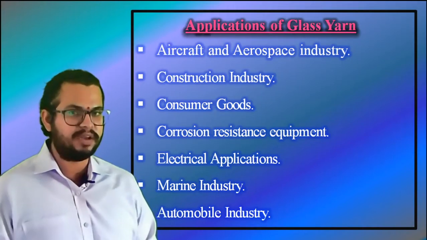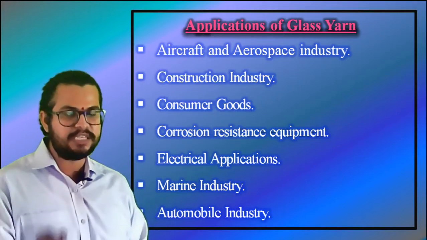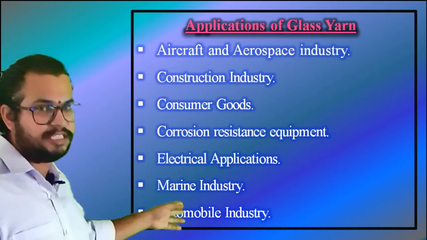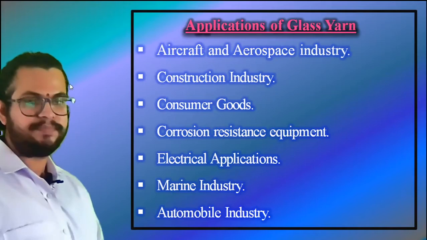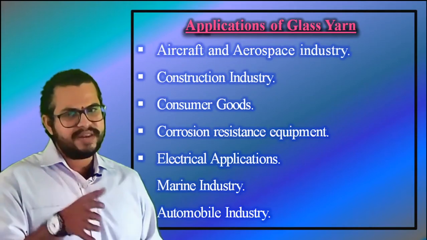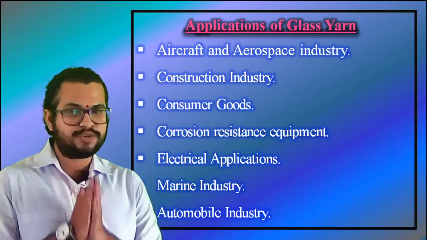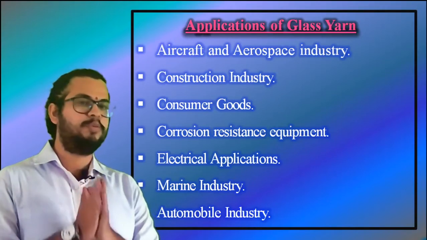This makes fiberglass extremely easy to work with. The next item in the list is the automobile industry. The lightweightness of fiberglass has made it a preferred construction material in the automobile industry.